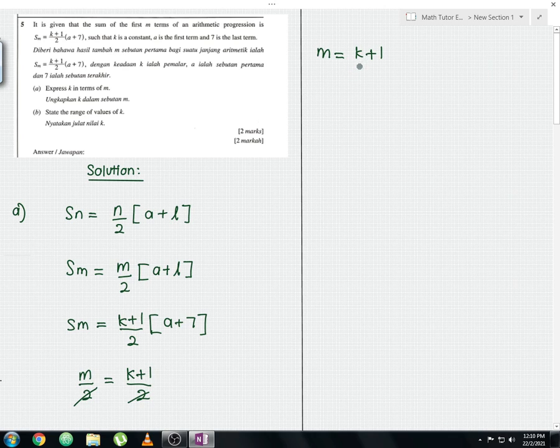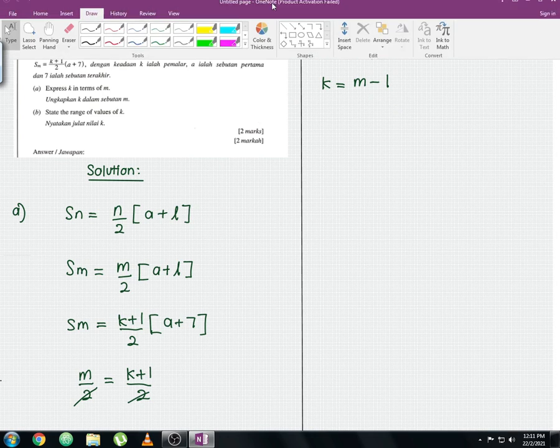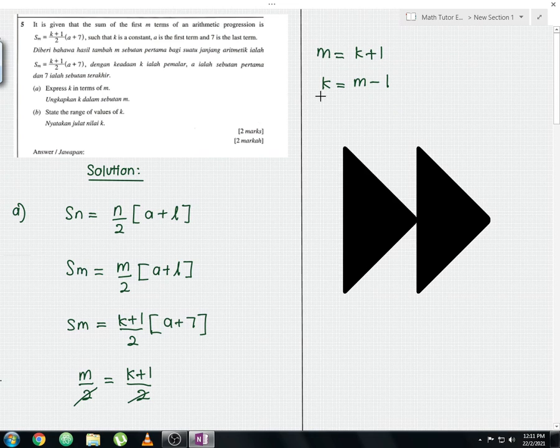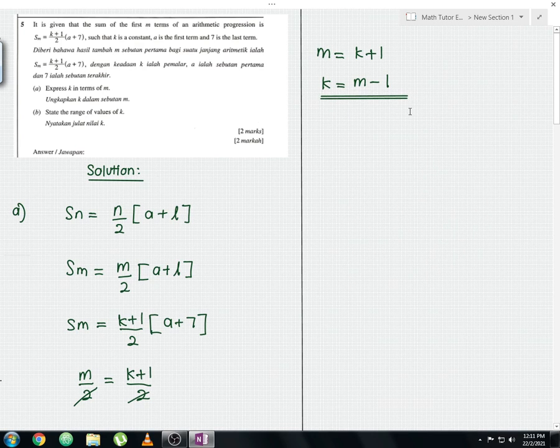Since we are expressing k in terms of m, this plus 1 we move over to the left-hand side. So from here you get k equals m minus 1. This is your answer for part A. Let me underline the solution. I hope you understand the steps for part A.